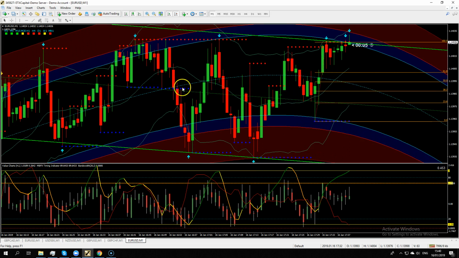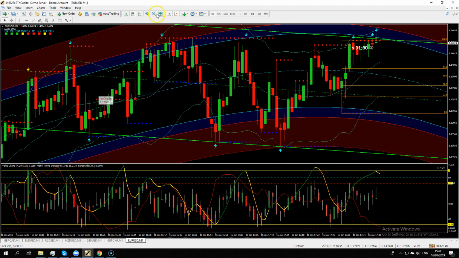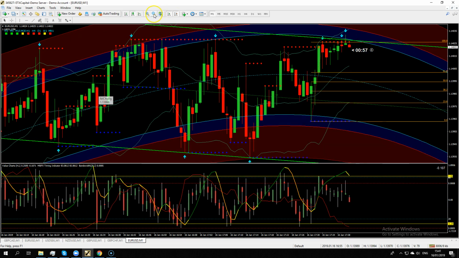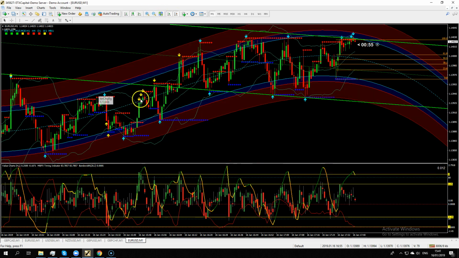Now, in this particular chart, I actually haven't had any of my yellow arrows in the last little while, but if I just zoom out a little bit, you'll see that I did have quite a few going back here. Now, these arrows are triggered when the value chart comes up above 1.75 or down below 1.75.